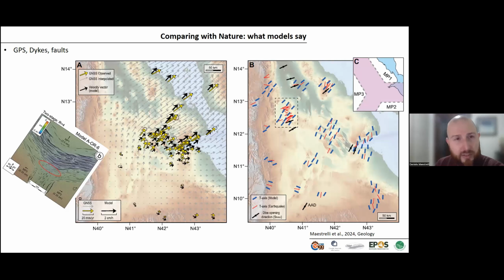I would expect this behavior especially where you have higher deformation. In the last model that I showed, for the main Ethiopian rift, for example, you don't have such a big deformation. But in models where the deformation is higher, you do see some fault rotation that may reflect the behavior that you are mentioning. So definitely, I would say yes.